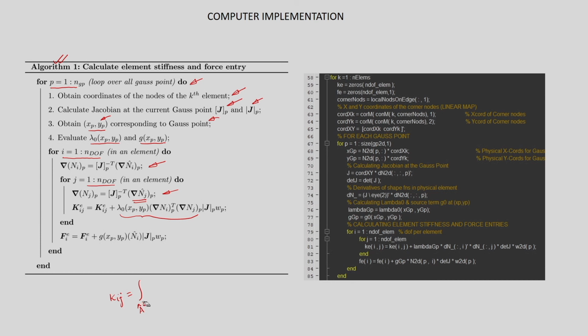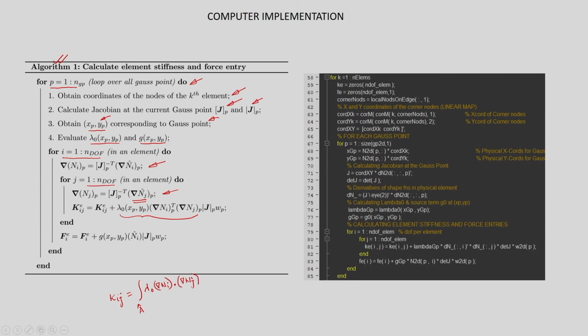So we can put A hat, and then we evaluate lambda at the Gauss point, then the gradient of Ni at the physical point xp, yp, dotted with the gradient of Nj.